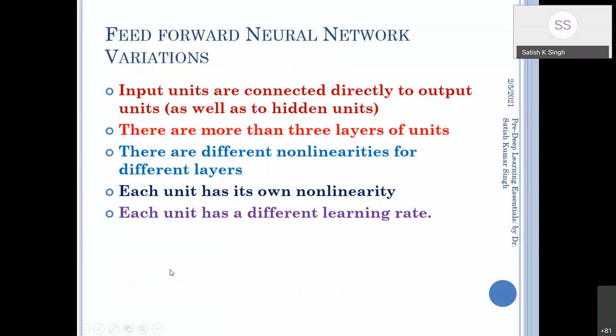Each unit can have a different learning rate as well. Eta is not the same for all the units. It may be different for different units. But what will be the problem? The problem is simple. While applying the optimization, we have to select a variety of etas and a variety of nonlinearities, so the process will be very, very complex in nature.